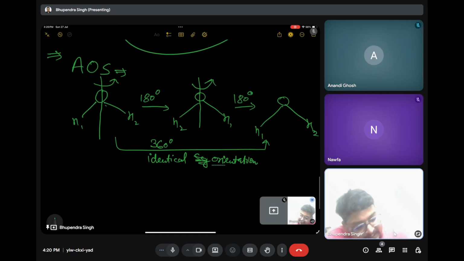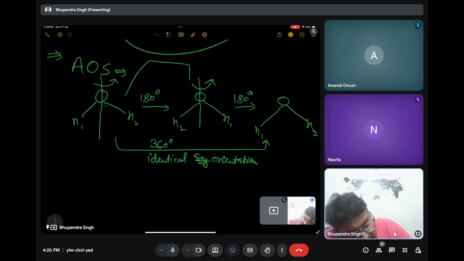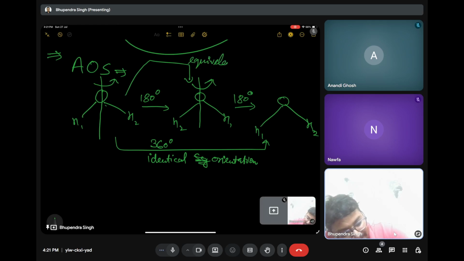And these two, what are these? They are not identical, these are equivalent orientations. Same for these two.